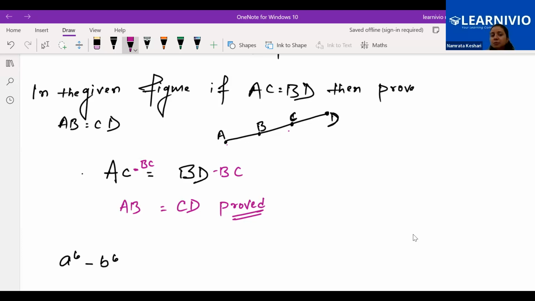See, a to the power 6 and b to the power 6, we have to do the factorization over here. Are you doing it? Are you getting how to do it?